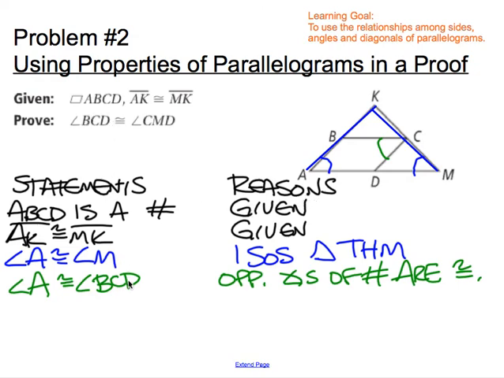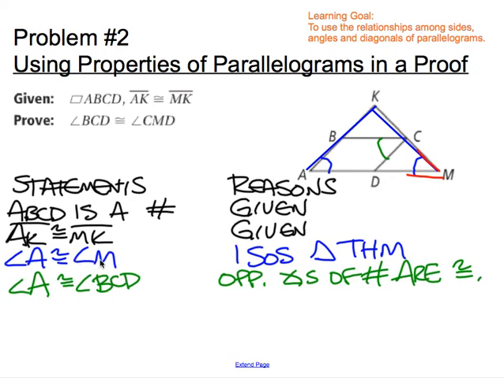If we look at what we're trying to do here, we're trying to show that BCD, the angle that we just showed, is congruent to angle CMD. If we identify angle CMD on our triangle here, we can see that that's this angle. And so we can show that the green angle is congruent to this angle by using the transitive property.